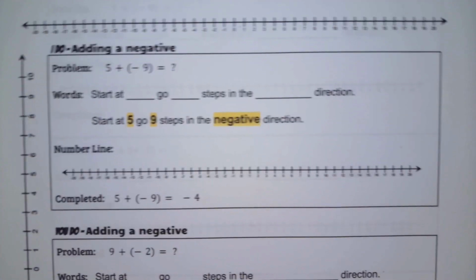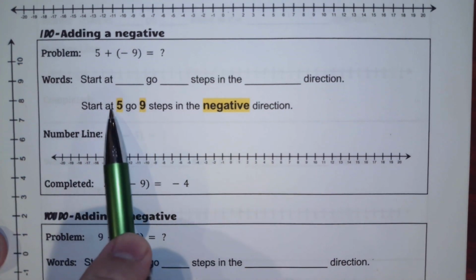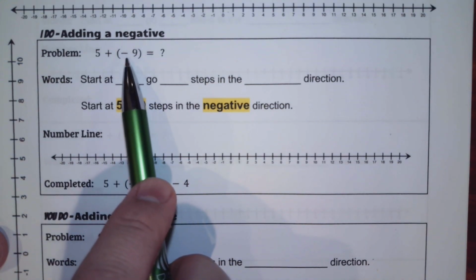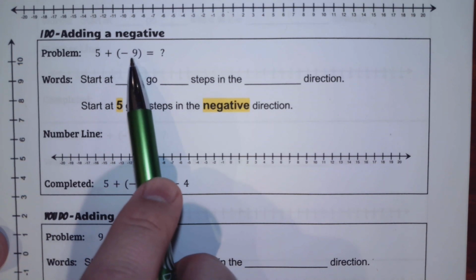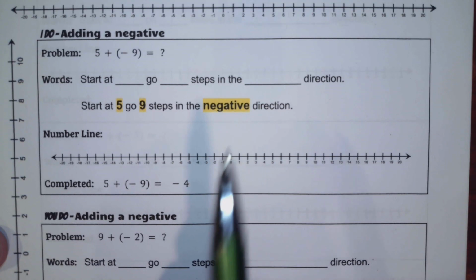When you turn the page, we're going to talk about how to add with a negative number. So in this example, we have 5 plus -9. So the 5 is where we start. And then we're going to go 9 steps, but in the negative direction, because 9 is a negative number. So we go 9 steps in the negative direction.